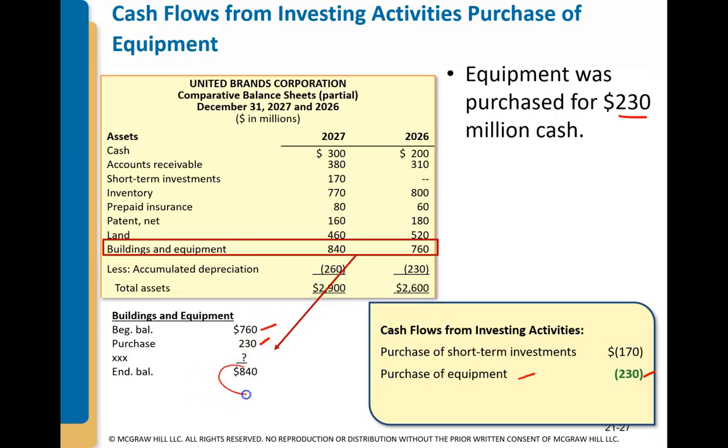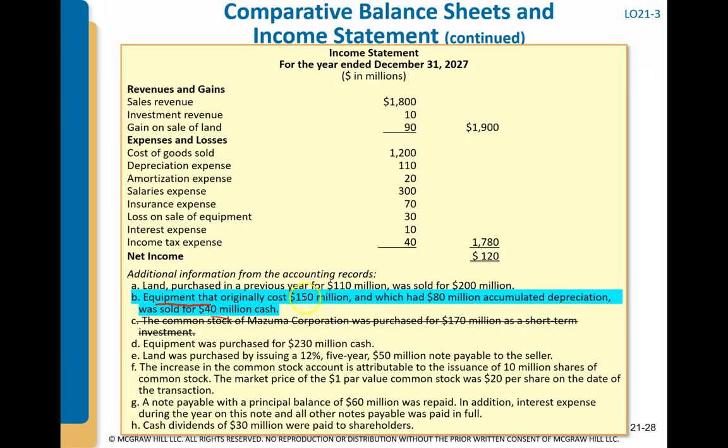And then we know that our ending balance is $840 because we have our comparative balance sheets. Well, something doesn't add up. There's some other transaction or transactions, it could be multiple, that occurred during the year that we need to account for. So that's a really good check to see if you've addressed everything for every single account, is to do the roll forward.